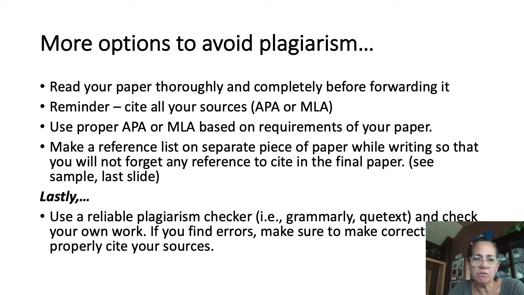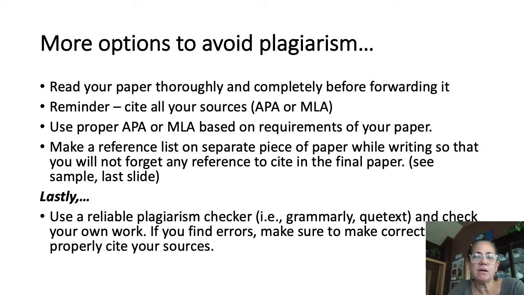So if these checkers show that something is plagiarism, what do you do? I'm going to give you a second to give me the answer. Yes, that's what you do. You make sure to provide quotation marks or proper citation if you have not done so. Okay? So that's the answer to that.